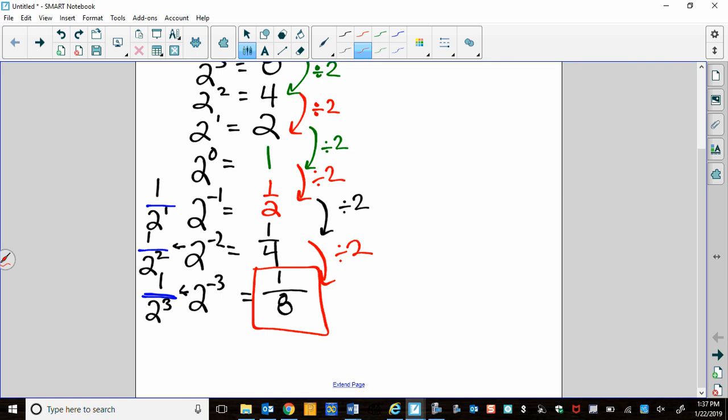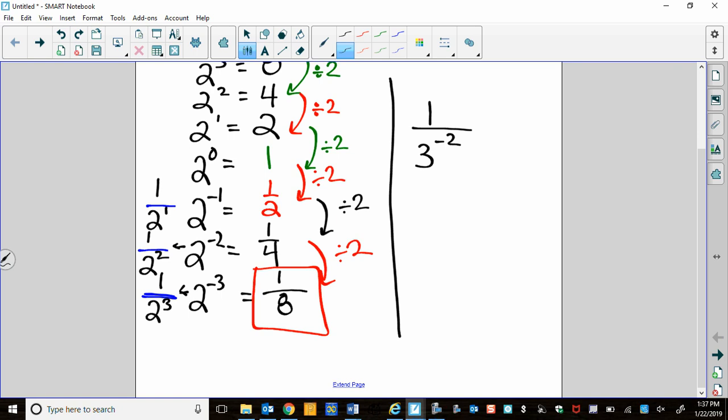So that's where the rules come into place, where we don't want negative exponents, and that's why they go underneath the fraction bar. But sometimes, if you have, let's say, a fraction over 3 to the negative 2, we also don't want a fraction bar sitting down in the denominator.